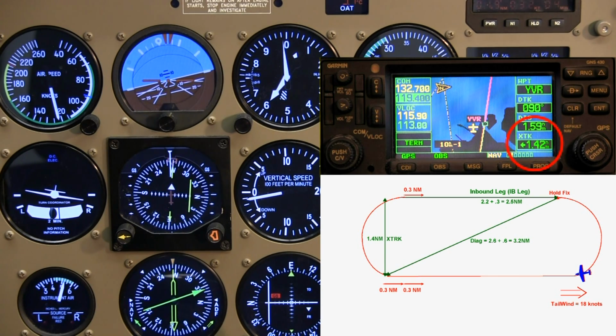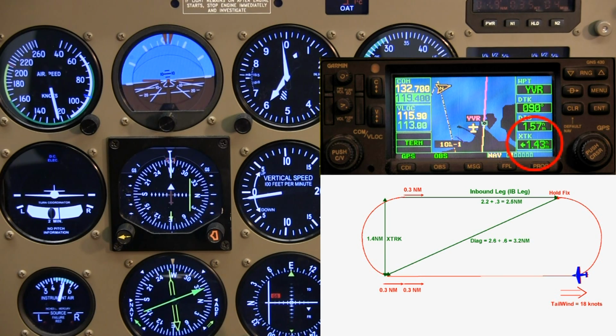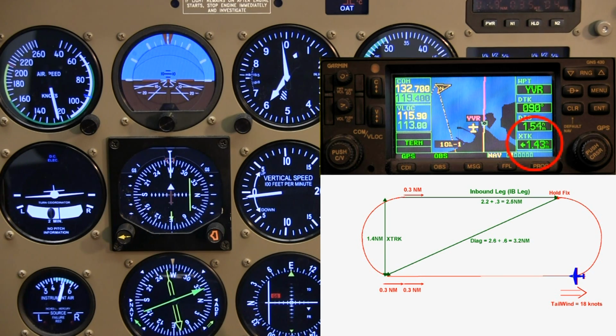As I roll out on the outbound track, I expect a cross track of 1.4, 1.43, close enough for me.